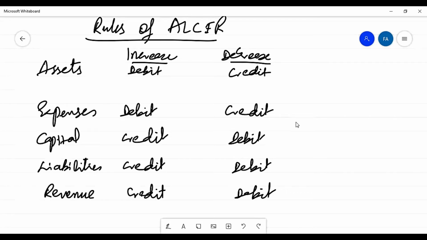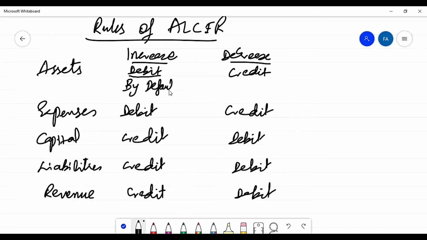Now there is another thing which I'll be writing over here, which is anything which is increasing on a side. Let's suppose an asset is increasing on this side, on debit, so it is the default nature of an asset.